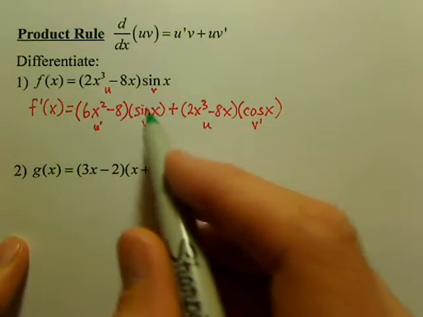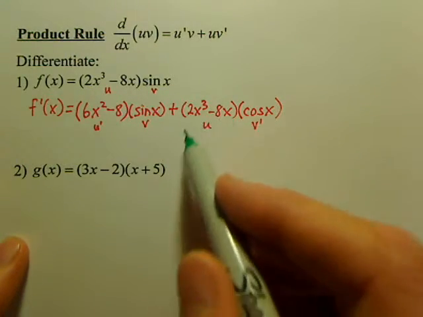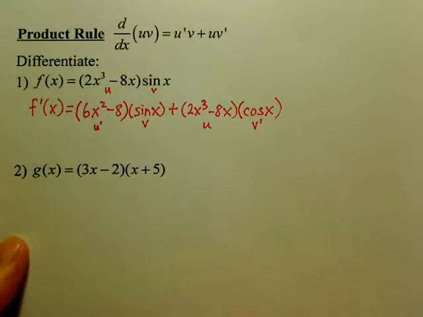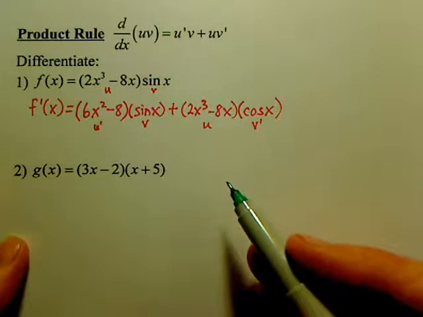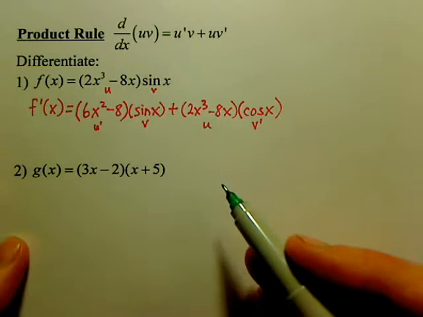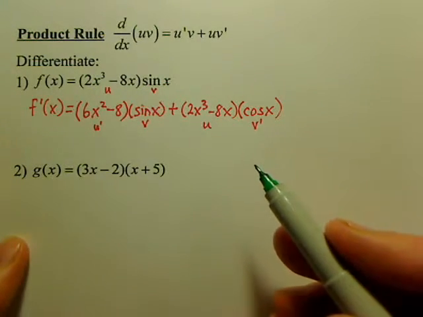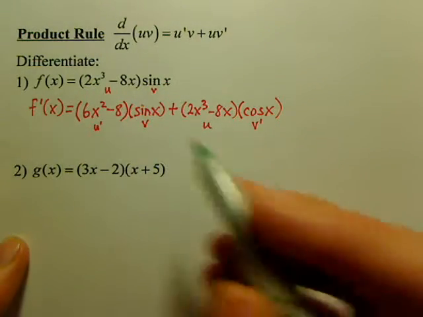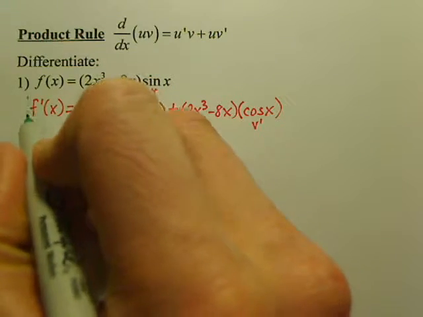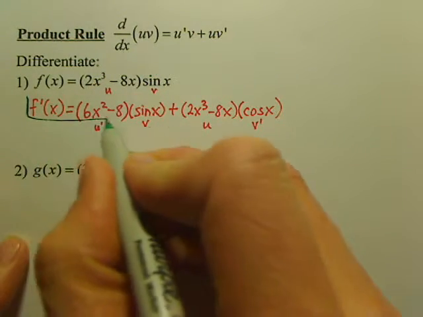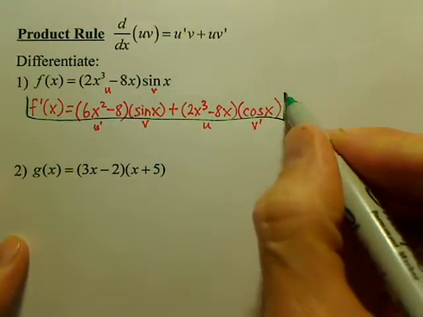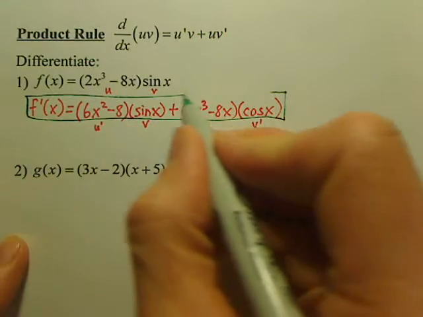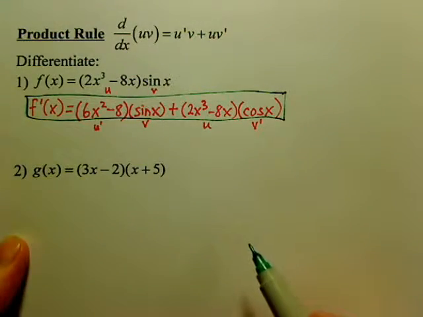But what I notice is if I do distribute these pieces, there's nothing that's going to combine. I can see that right off the bat. And so it really won't save me any time. So we're not going to worry about going any farther because we're just going to call this the answer. This is our answer. That is the derivative.